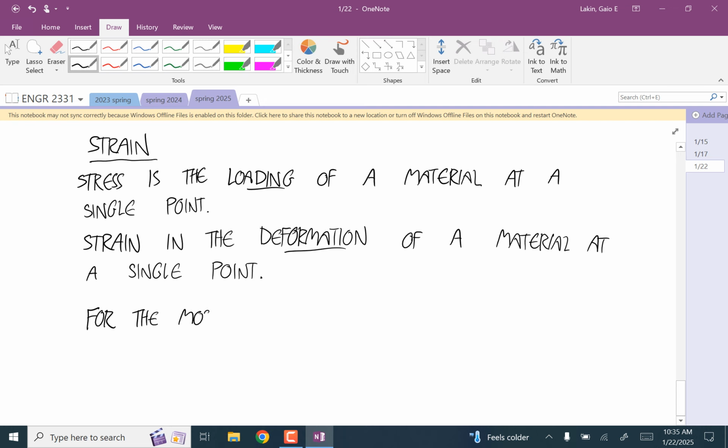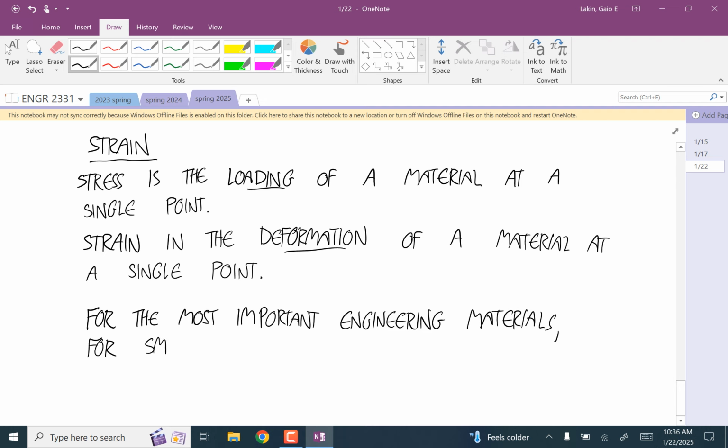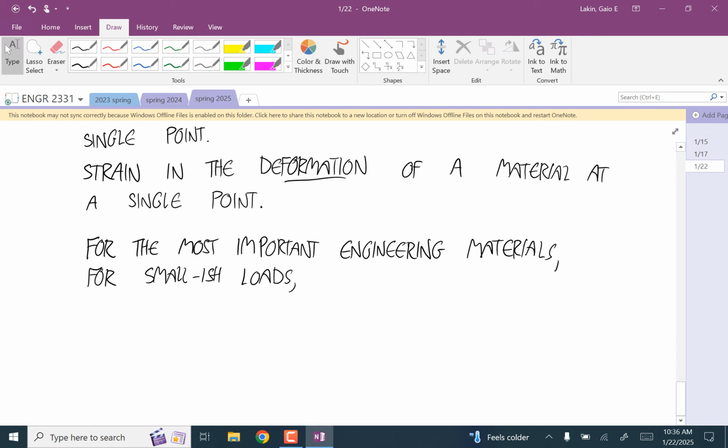For the most important engineering materials, for smallish loads, there's a linear relationship between stress and strain.